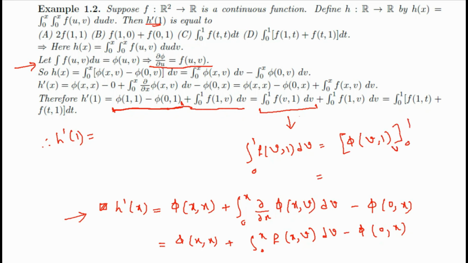So obviously v equal to 0 to 1. So if you put phi 11 minus phi 01, we get this, and the second part is already achieved. So ultimately the result is integral 0 to 1 of f of 1t plus f of t1 dt. This t is some kind of dummy variable. So the answer T is correct. Thank you.